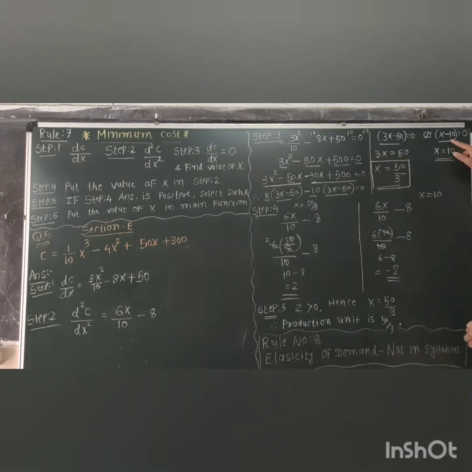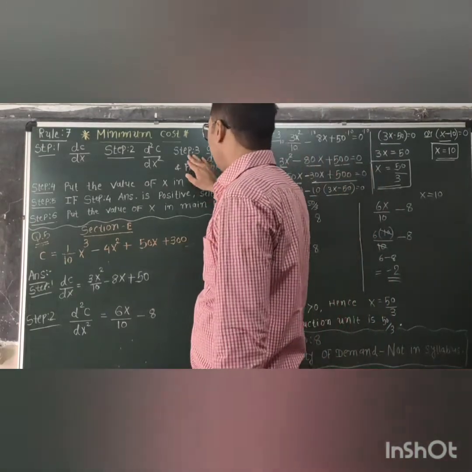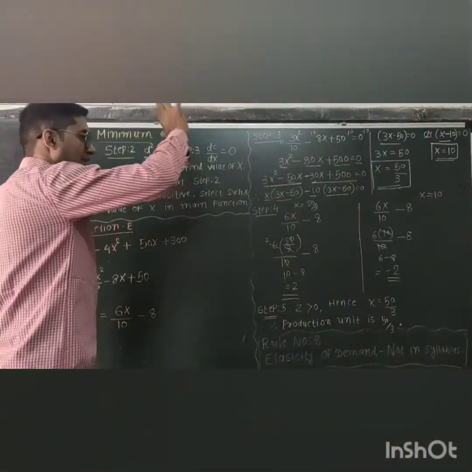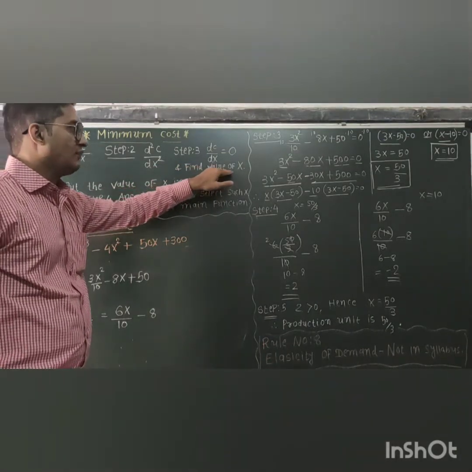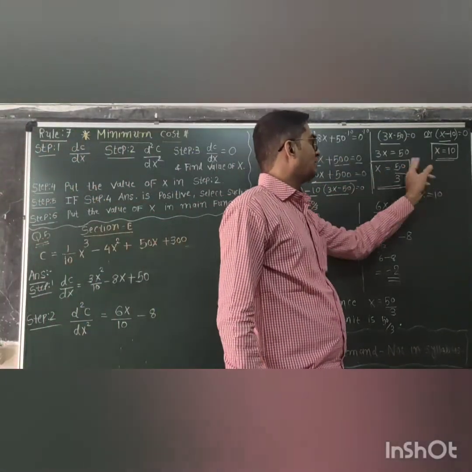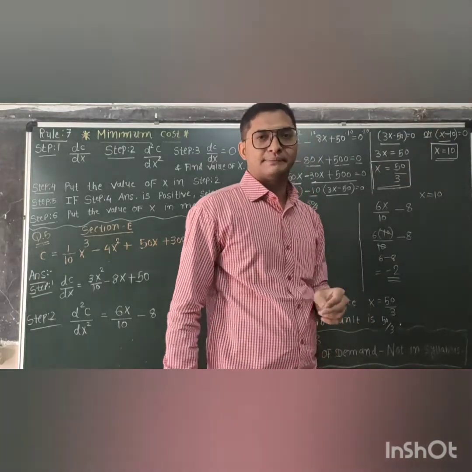Whereas minus 10 goes to the opposite side, so x is equal to 10. So this is step number 3 where dC upon dx is equal to 0 and we have found the value of x. There are two values for x.